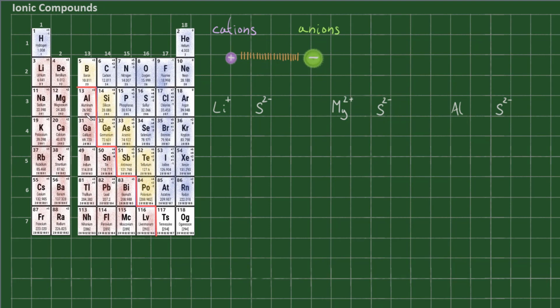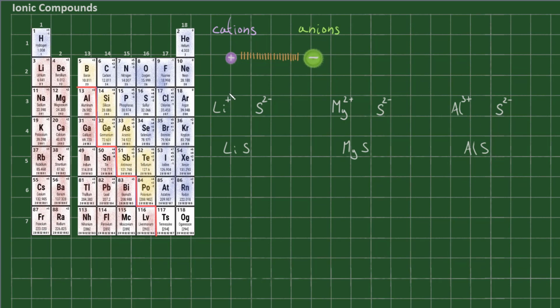And finally, aluminium, based on its position in the periodic table, will lose 3 electrons and therefore have a 3+ charge. Recall that the formulas for ionic compounds are written by writing the cation first. So I will have lithium and sulfur, I will also have magnesium and sulfur, and finally I will have aluminium and sulfur.